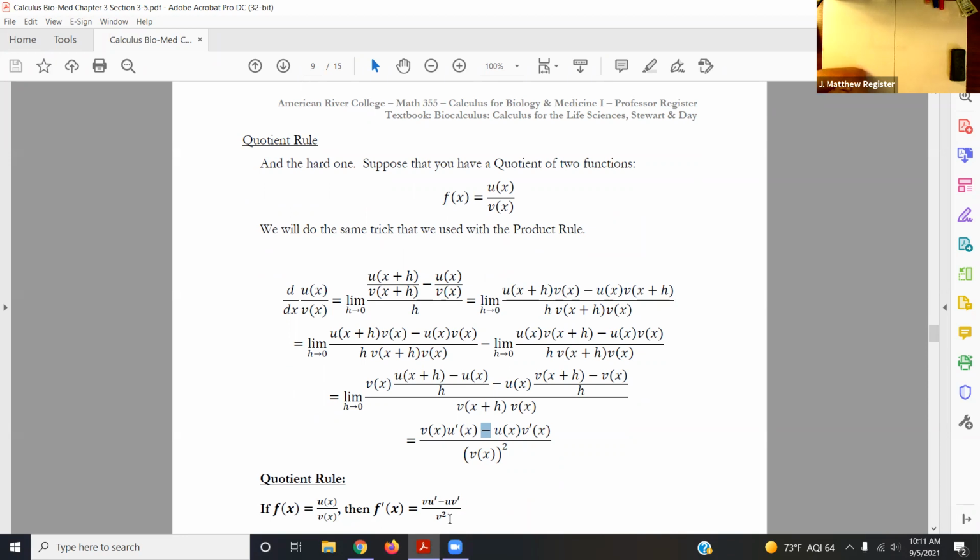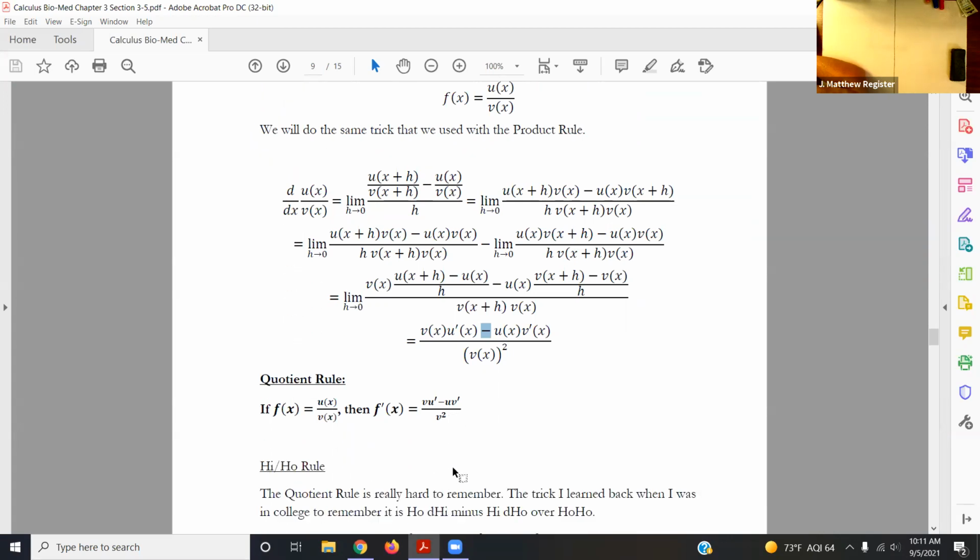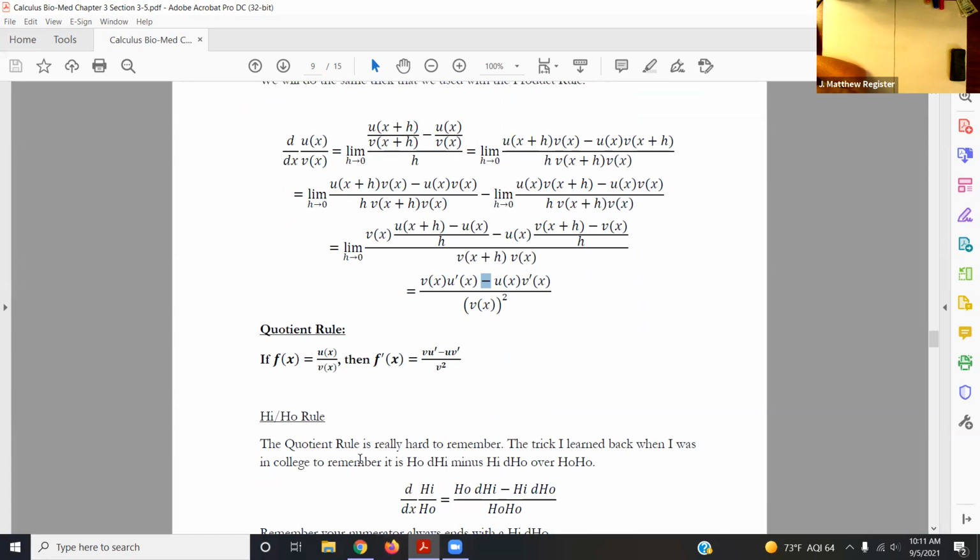Now, when I was in college, I could not memorize it for the life of me throughout Calculus 1. Then my Calculus 2 instructor gave me a way to remember it, and it was a limerick, which made it much, much easier to remember. It's the hi-ho rule. Since it's hard to remember, instead of using the u's and v's to remember the order, you can use this idea of the derivative of hi over ho.